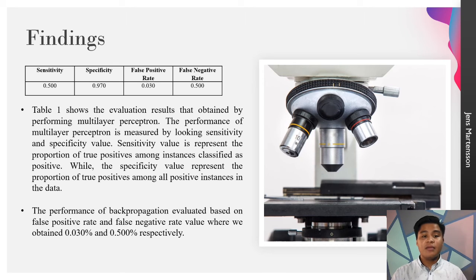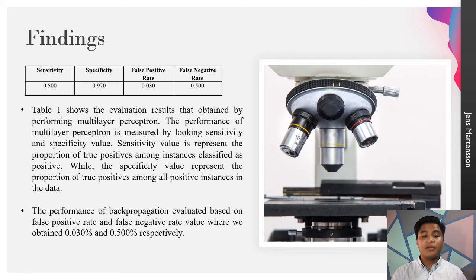The performance of multilayer perceptron is measured by looking at sensitivity and specificity values. Sensitivity value represents the proportion of true positives among instances classified as positive, while the specificity value represents the proportion of true negatives among all negative instances in the data.